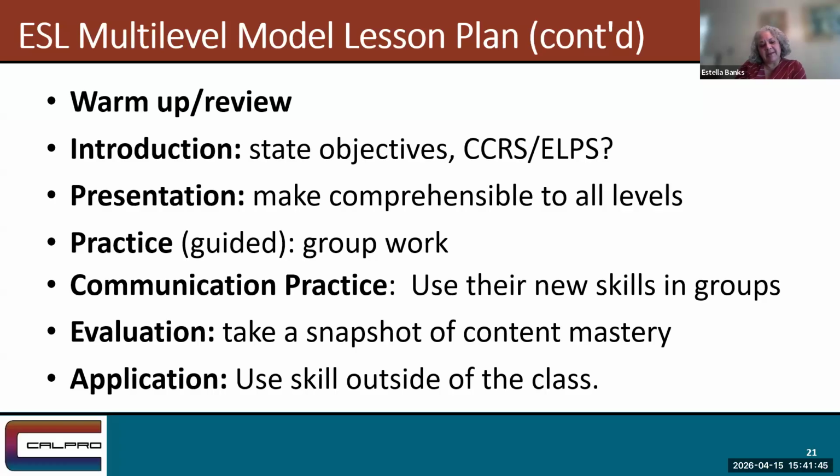And I think communication practice was supposed to be indented so that we don't confuse it with one of the letters in WPAEA. And then once you get to the evaluation, you're assessing what your students have learned. And then the application is using those skills outside of the classroom, for example, and being able to share back in the classroom what their experience was.